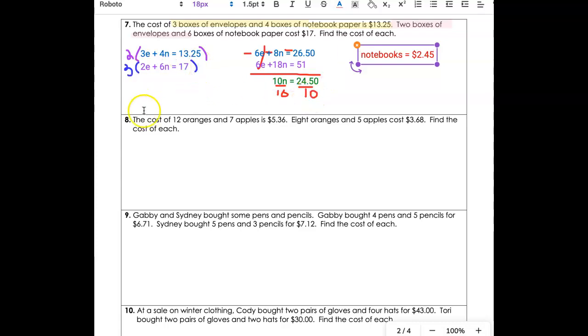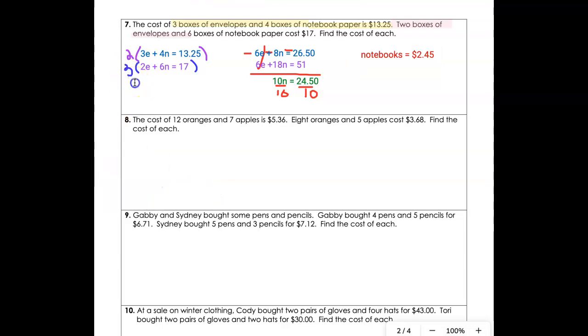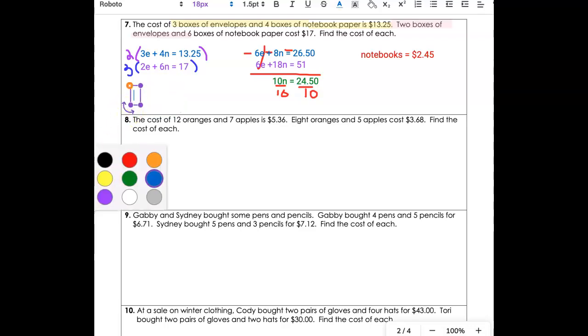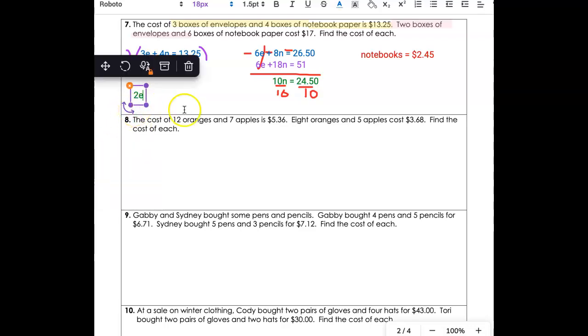And then I just pick any of the equations to plug it into. So going back over to an original here, 2E plus, I'm going to do 6 times that, 245, so that's going to give me 1470 equals $17.